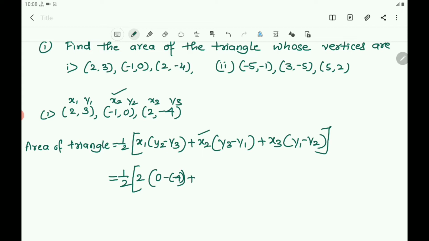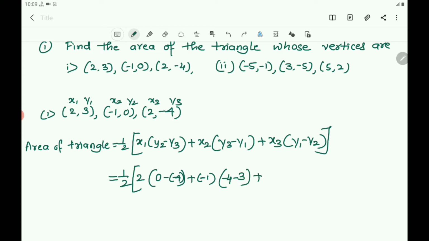What is the value of x2? x2 is minus 1. In the place of x2, write minus 1 into (y3 minus y1). In the place of y3, what we have to write? Minus 4 minus y1 value is 3, plus then x3.